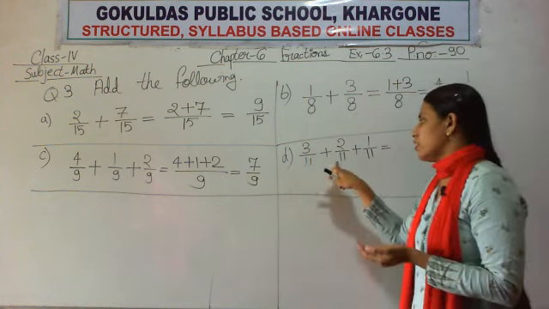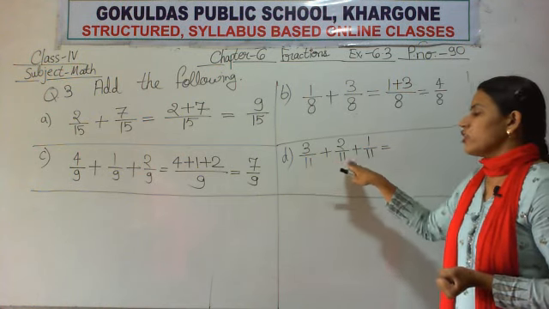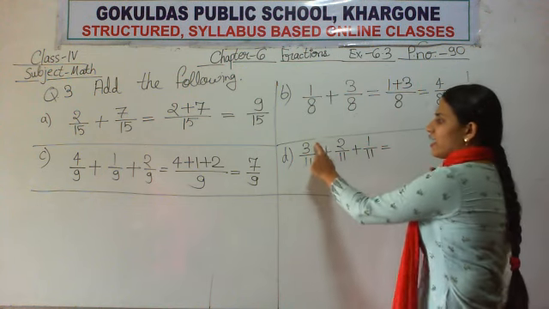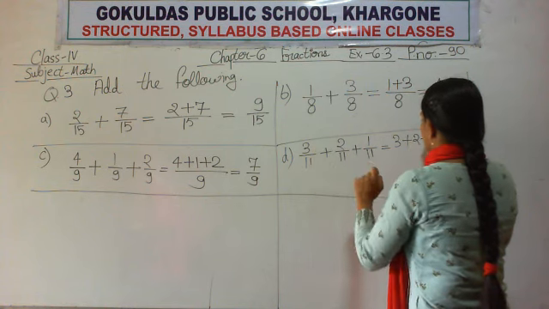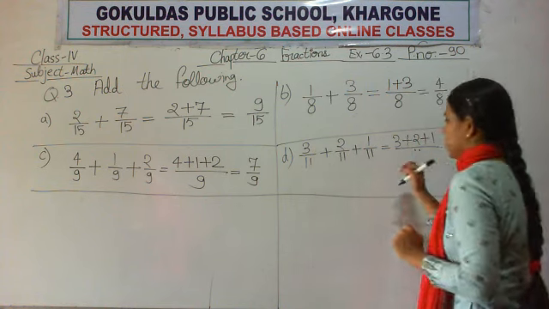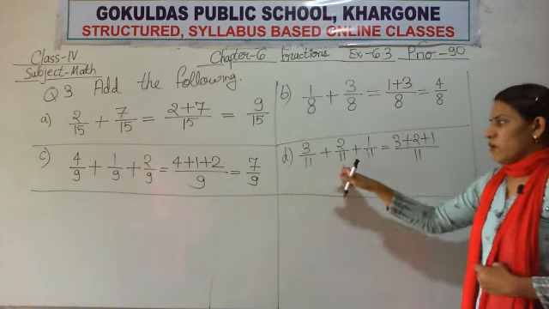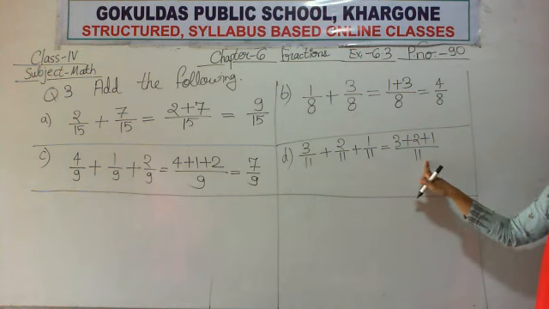First, check the denominator. When you check the denominator, all the denominators are same. If denominators are same, then we add the numerators together. That is 3 plus 2 plus 1 upon 11. This is how we add the fractions. If denominators are same, we add the numerators together over the same denominator.